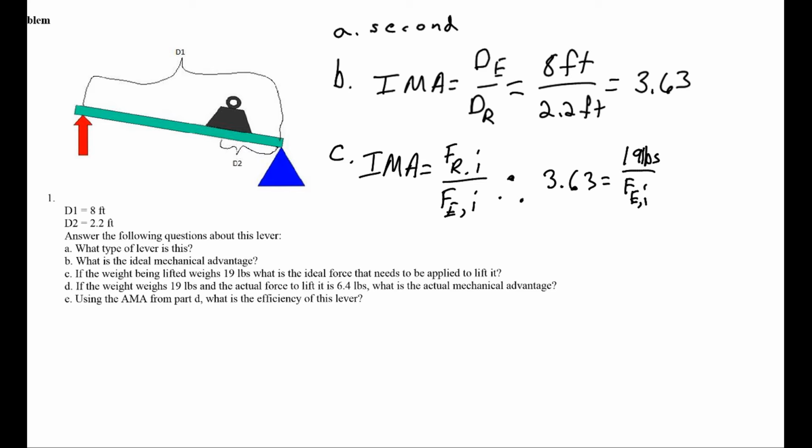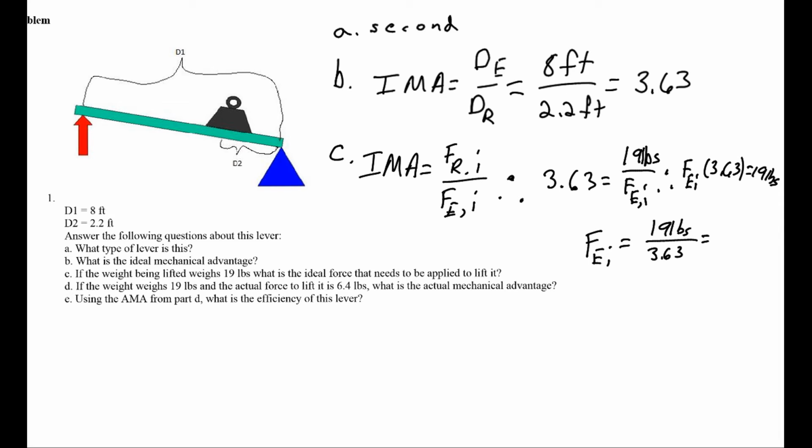So we'd multiply both sides by our ideal effort force, and we'd end up with FEI times 3.63 equals 19 pounds. And then divide both sides by 3.63. 19 pounds divided by 3.63 for our mechanical advantage.